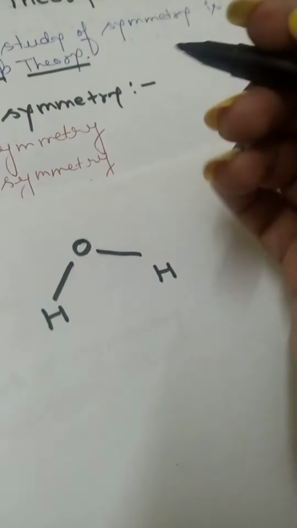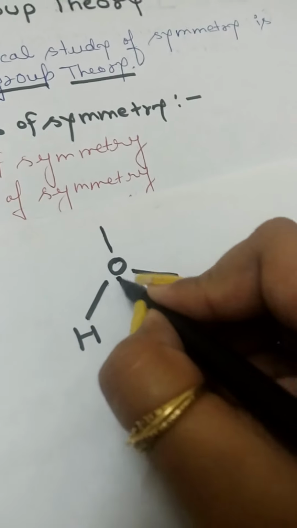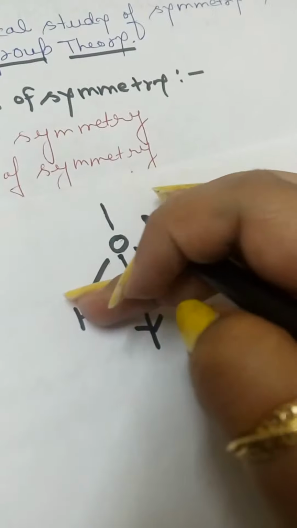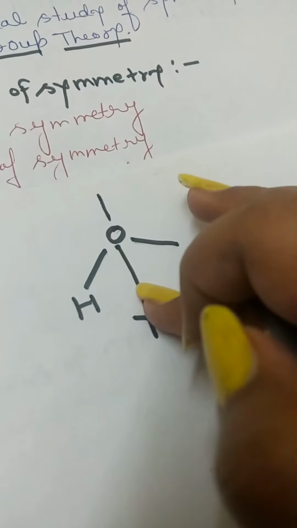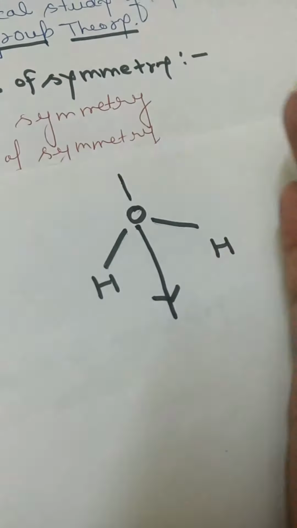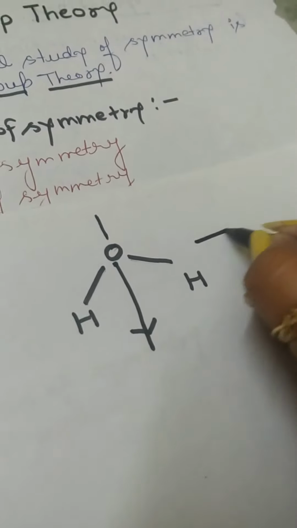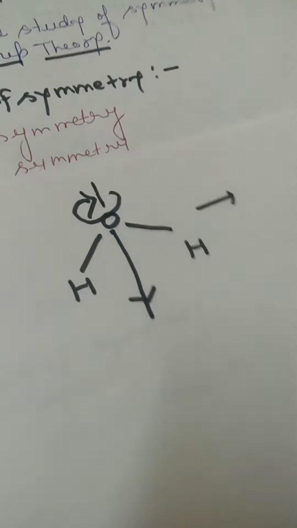The axis is a line passing through this molecule and dividing it between this hydrogen and this hydrogen. We will rotate it about this axis.